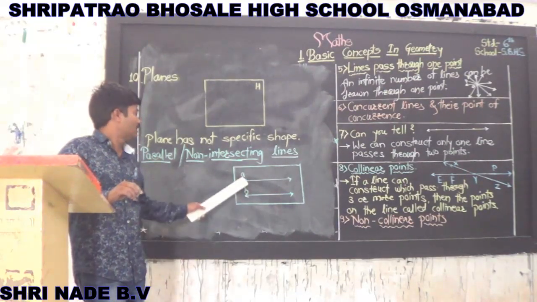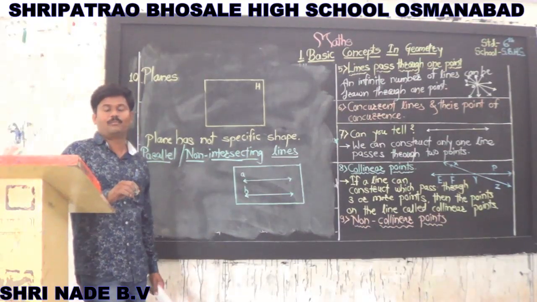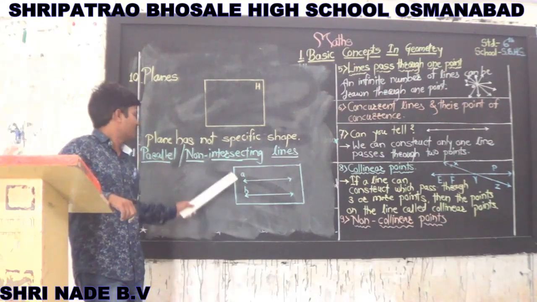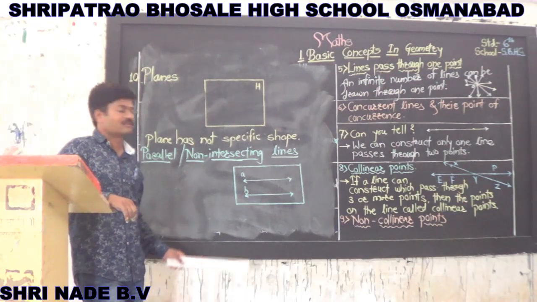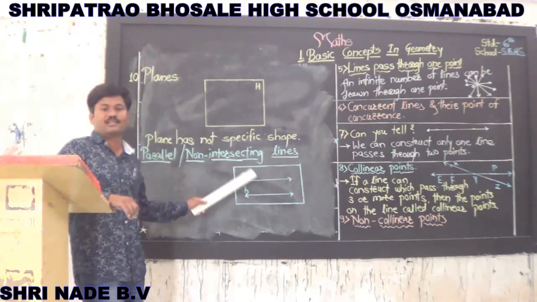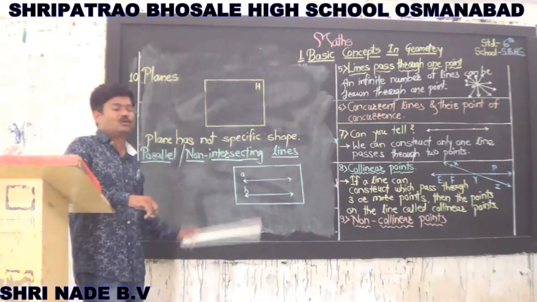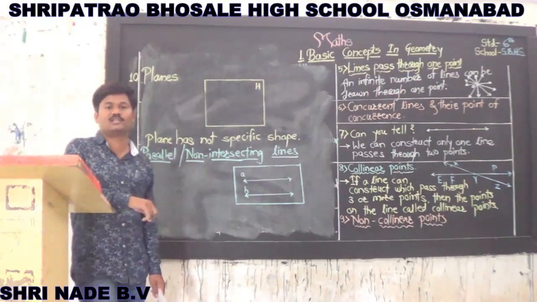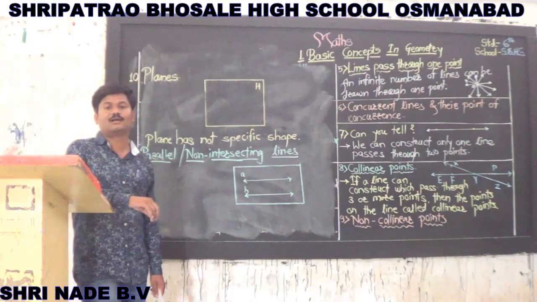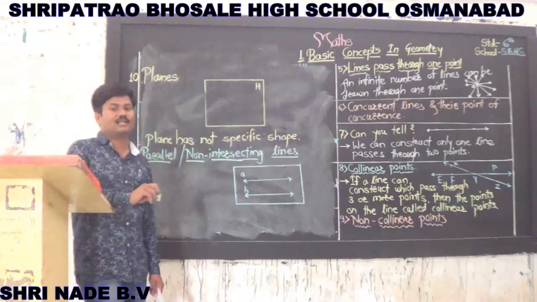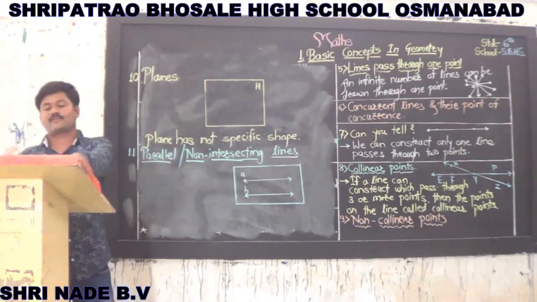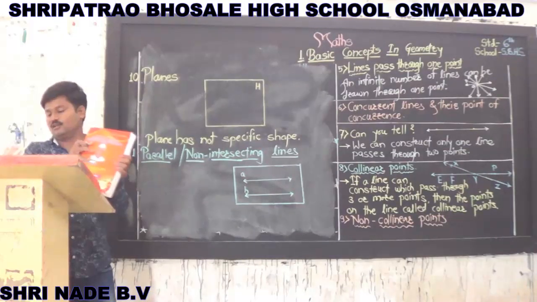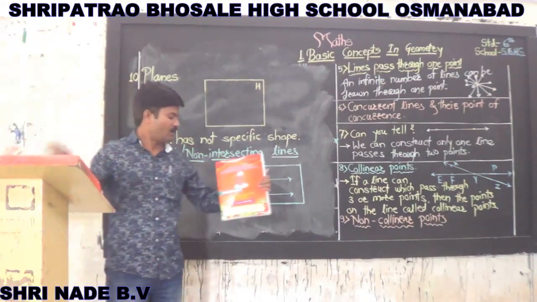Now look at the definition of parallel lines. Two or more lines in the same plane which do not intersect each other are called parallel lines. Now look at the next point using the notebook.